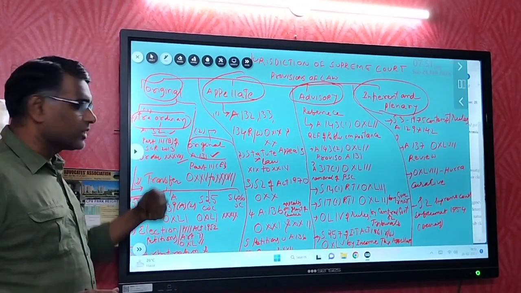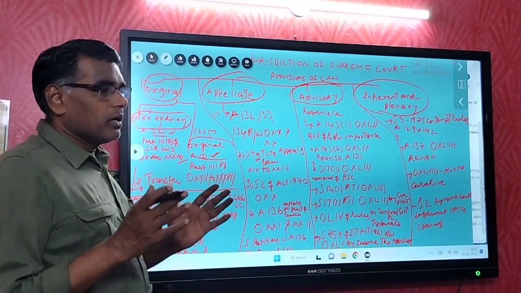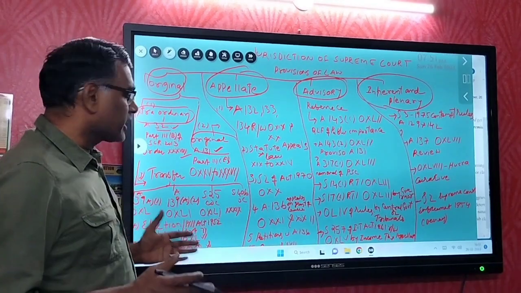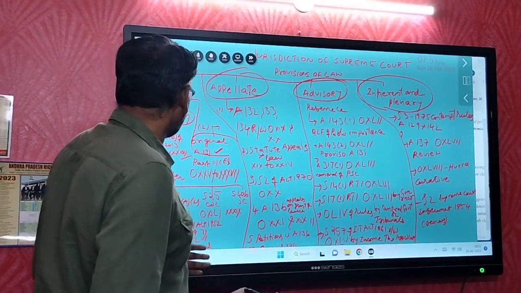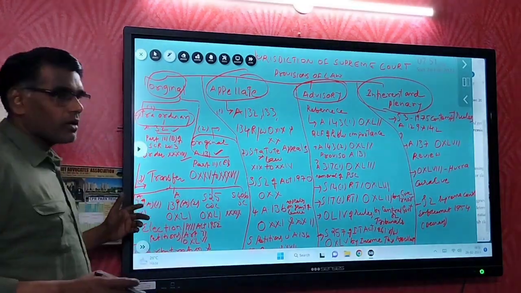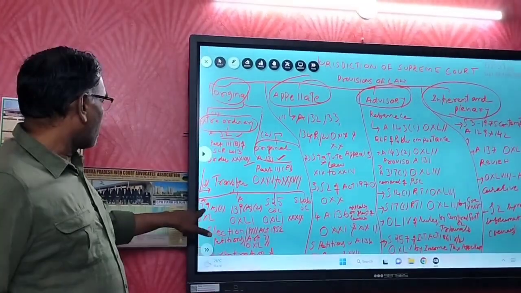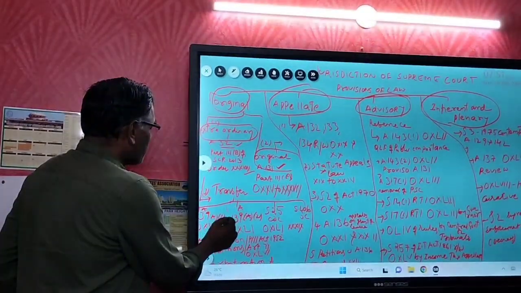That is transfer jurisdiction. What is transfer jurisdiction? We can directly approach the Supreme Court regarding transfer of some matters. Article 139A has two sub-clauses. 139A(1) deals with one type of transfer petition.